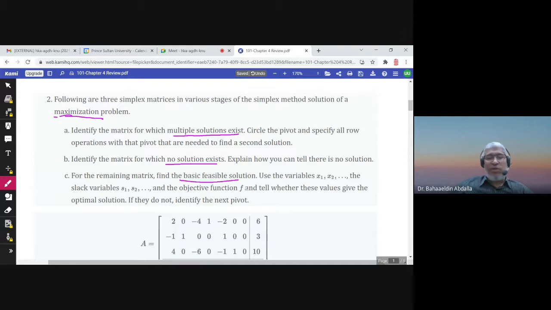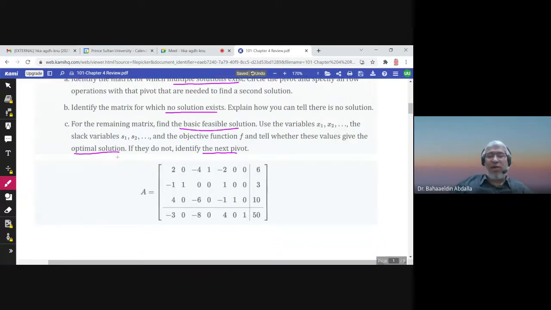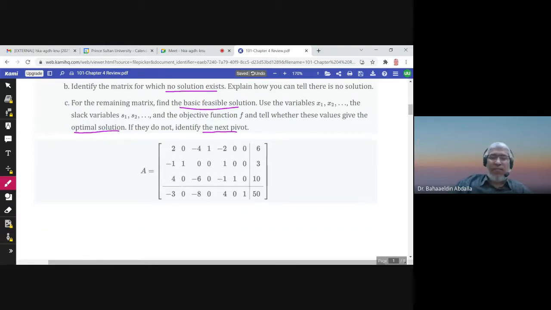Use the variables x1, x2 and slack variables and the objective function to determine whether these values give the optimal solution. If they do not, identify the next pivot. So is this matrix a final matrix, or does it need more pivoting? Not final. So let us look at the first matrix A.